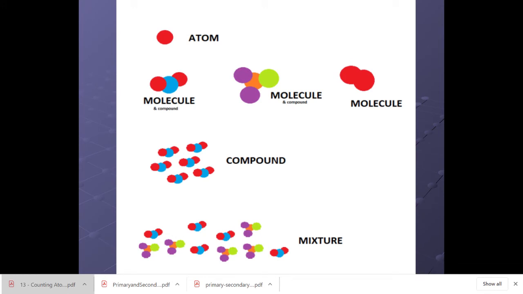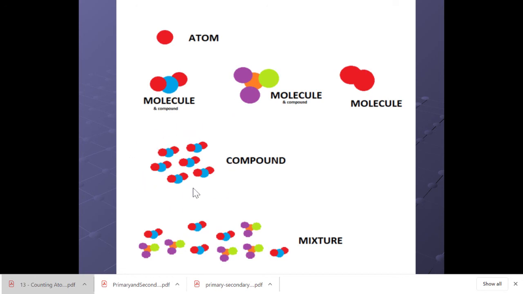This is just a visual representation of what each of those are. So an atom is 1. A molecule in a compound would be made up of that, but it's the smallest bit of that. This is a molecule in a compound because they are different substances. But a molecule of oxygen might look very similar to this.